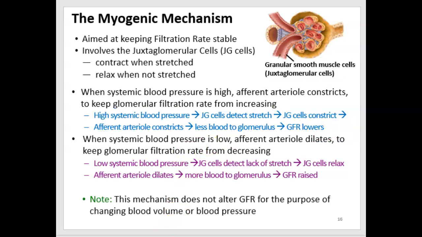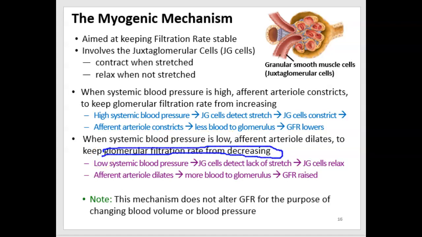In contrast, if for some reason systemic blood pressure is going down, I know it goes down when we sleep and it goes down when we're dehydrated, but there are other situations, like meditation and things like that. When systemic blood pressure is low, we want to keep glomerular filtration from getting too low.